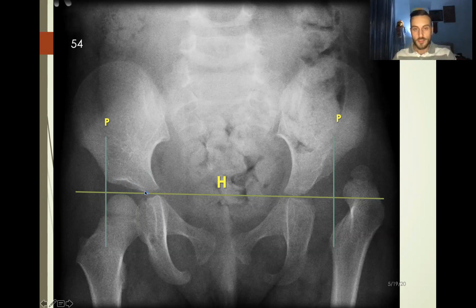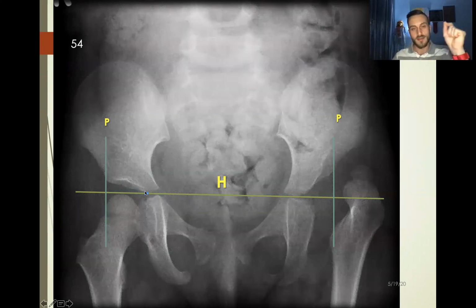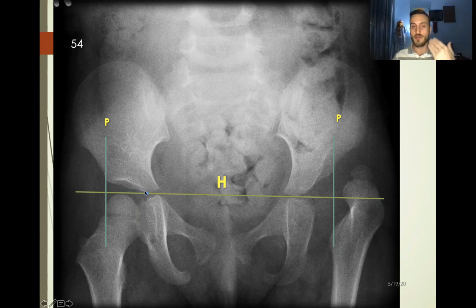For the other point, here we should care about the lips: the most lateral part of the anterior lip, not the posterior lip. This is the anterior lip, the sclerosis you can see here, and this is the posterior lip. So we draw on the anterior lip.